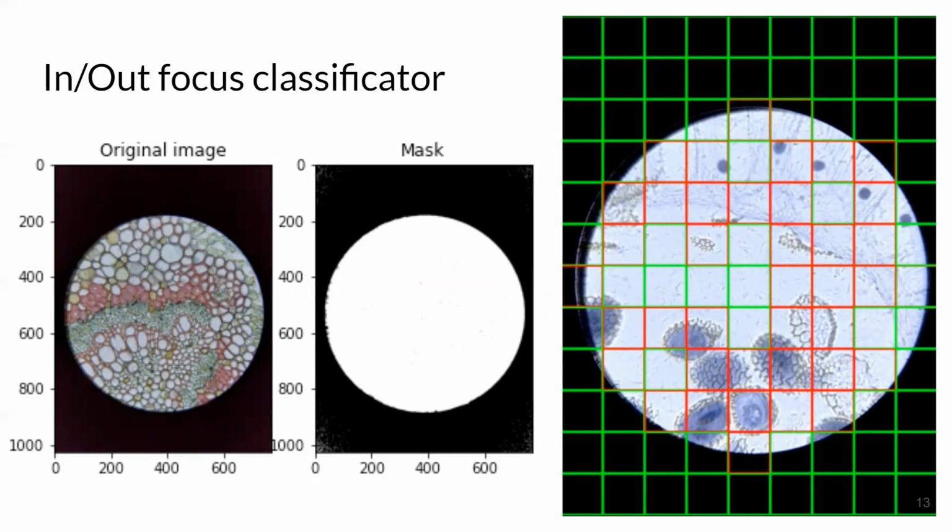That's why we sliced the source image into 84 by 84 pixel pieces and processed them. On this slide, you can see the map of predictions. On this map, red squares are in focus and green squares are out of focus.